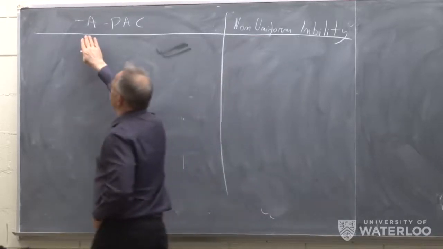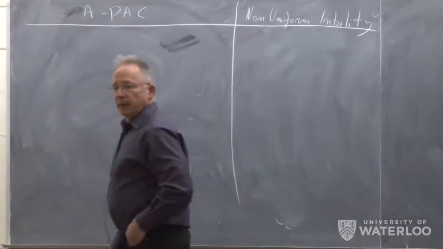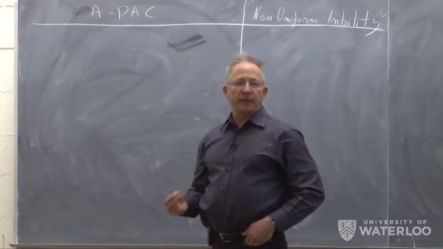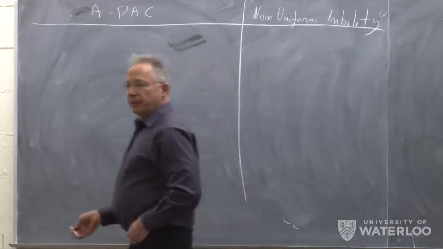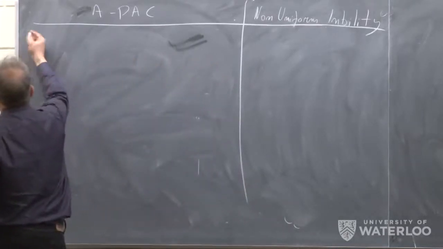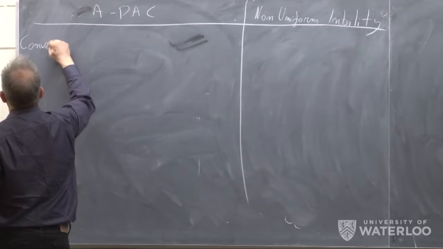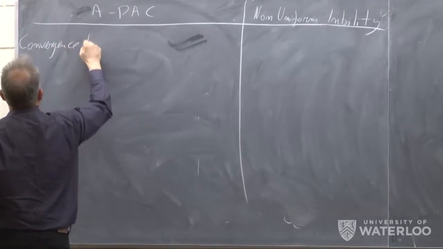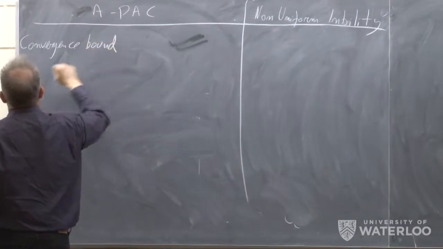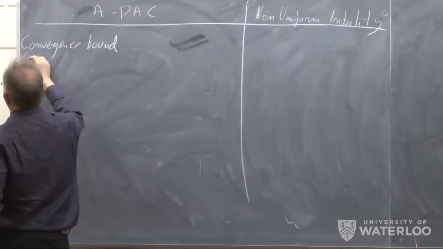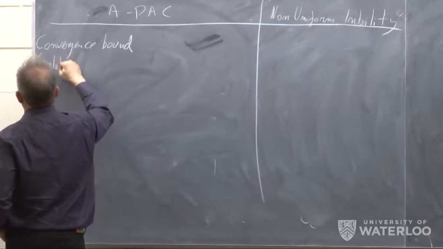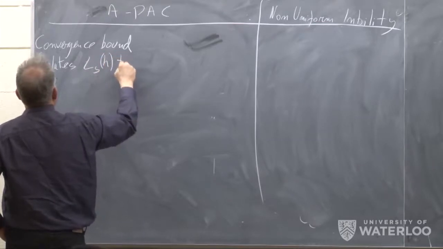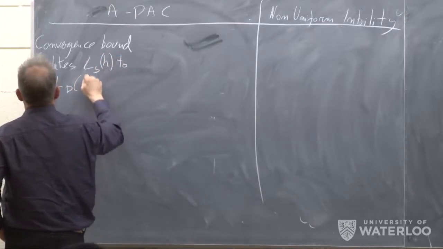When we talk about agnostic PAC, we showed the learnability in two steps. The first step was a convergence bound, which relates LS of h to LD of h.